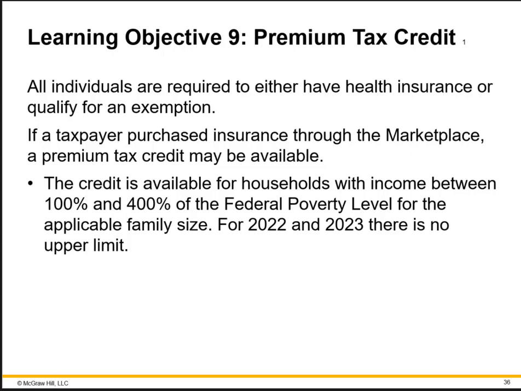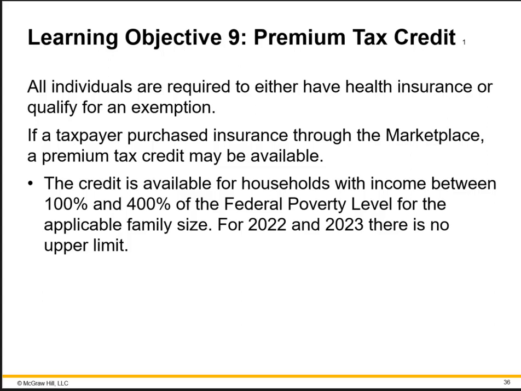Now, if you applied ahead of time, okay, and told them your income, they may have calculated the credit and actually taken it directly off of the amount you paid for your health insurance. If that's the case, you've already received the premium tax credit, and on your tax return, you're just going to compare what you should have received versus what you did receive as a credit.